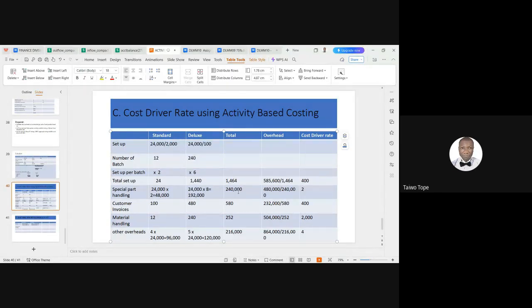In relation to the loss, how many special parts do we have? 192,000. So if you are spending 2 naira on 1 special part and you have 48,000 special parts, you spend on 48,000 special parts.